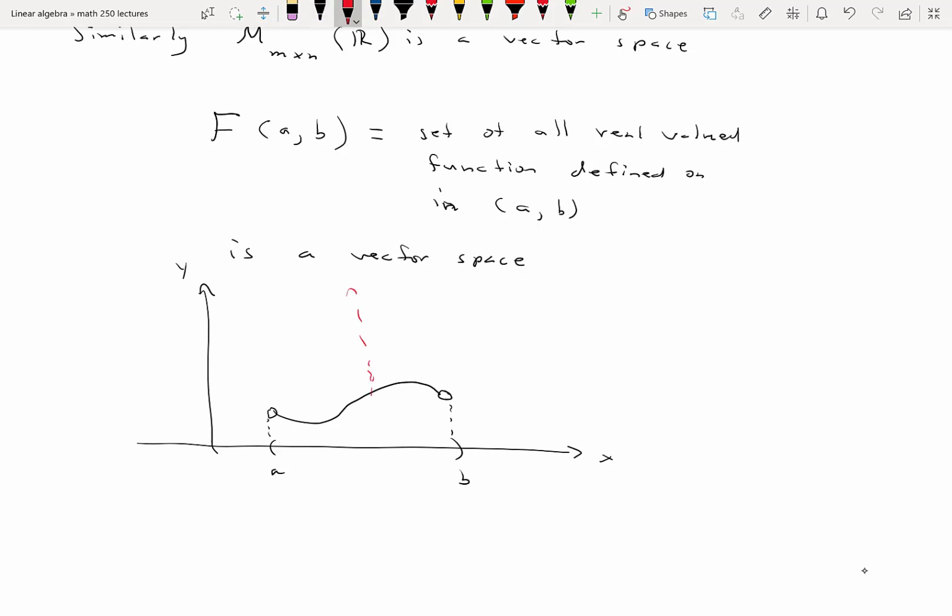It doesn't say anything about the functions being continuous, so let's say it has a vertical asymptote. Then it actually picks up a y value there and does that. See, the domain is from a to b, so there's another one. So it's a huge set of functions. Any function, continuous or otherwise, as long as the domain is the open interval from a to b, forms a vector space.